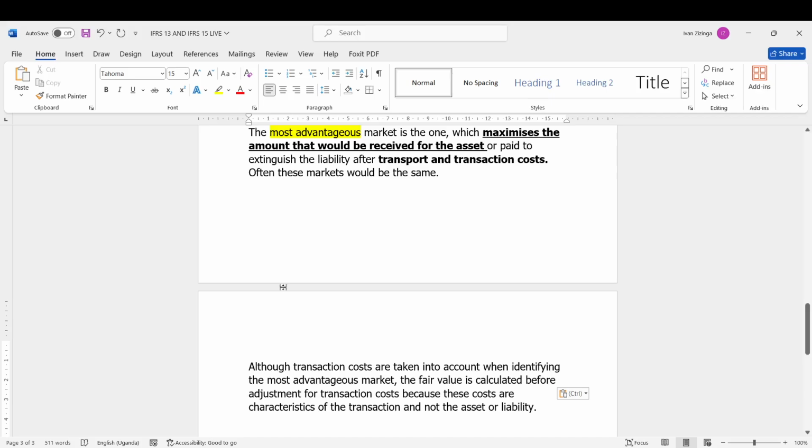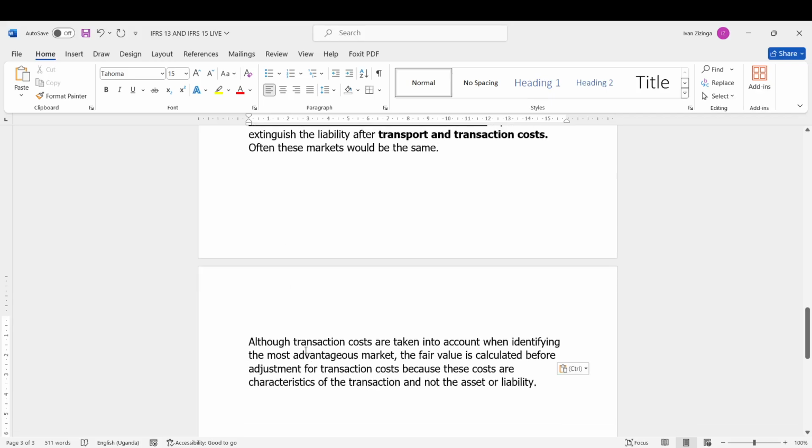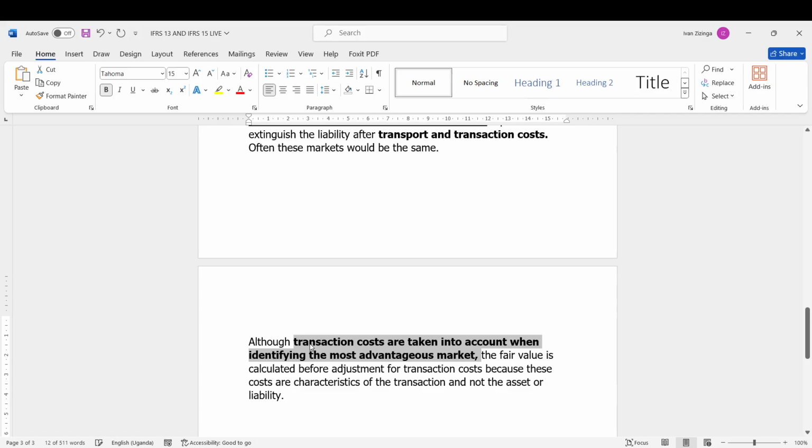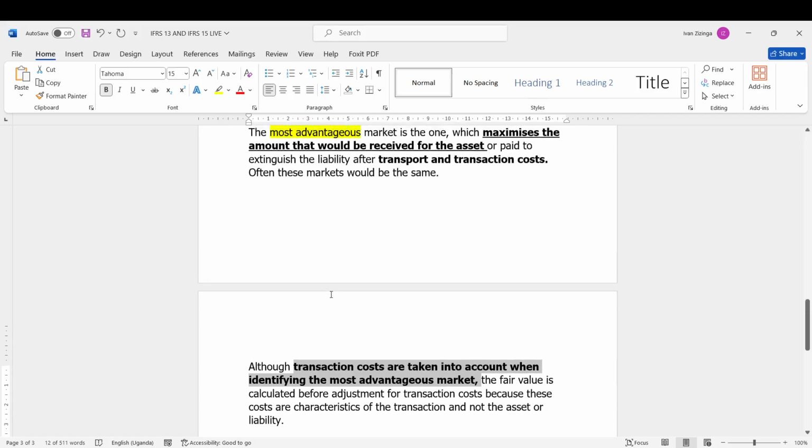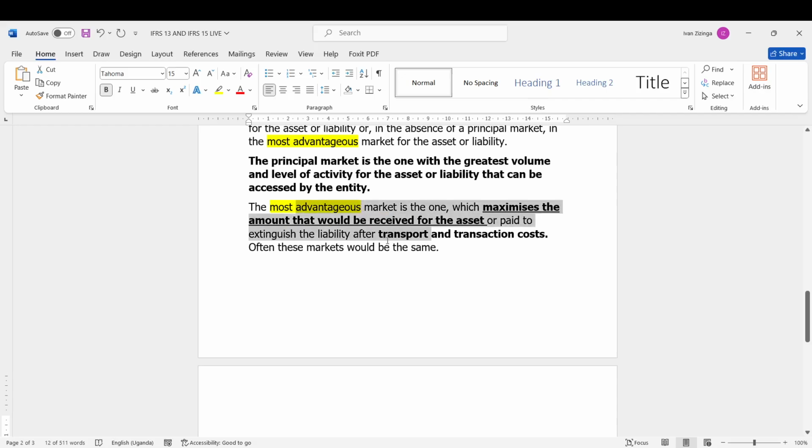So, we are saying that although the transaction costs are taken into account when identifying the most advantageous market, please, this is very important, especially in case in your paper you land on a calculation of most advantageous markets.